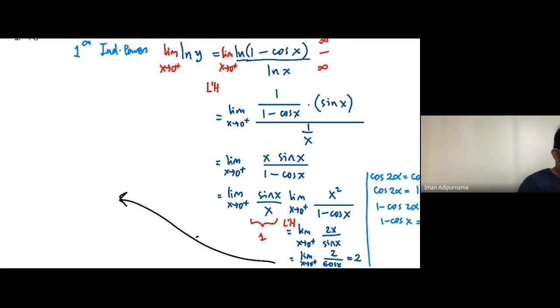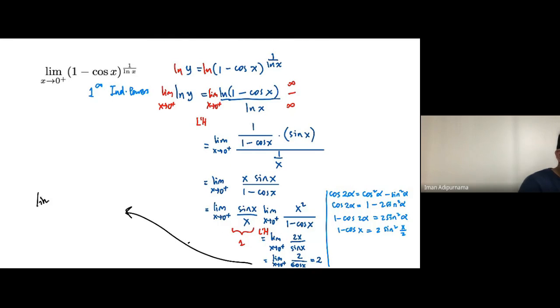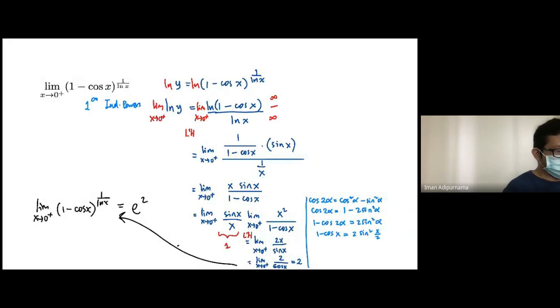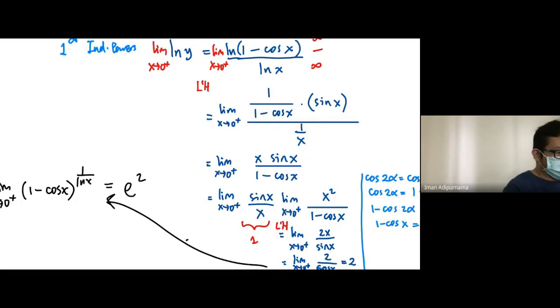So the answer will be, so limit. Don't forget to take the answer like that. Because we have the ln form, we need to raise the power from the e.